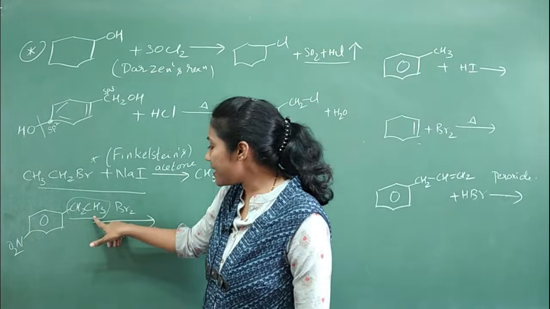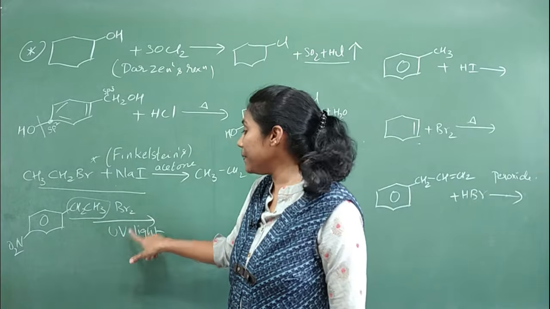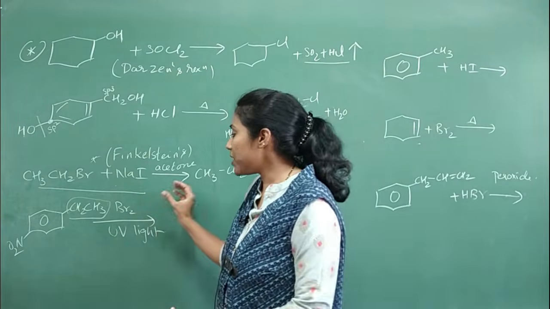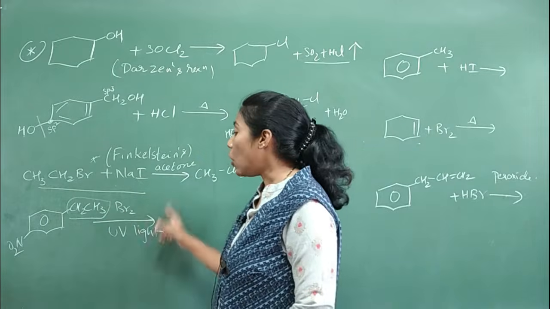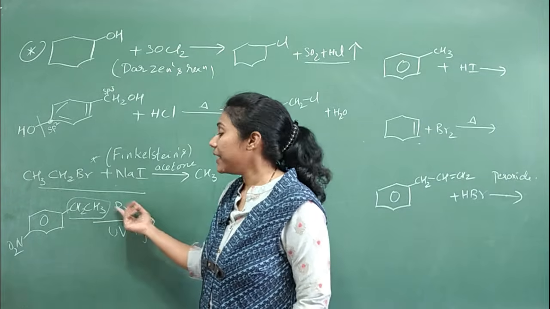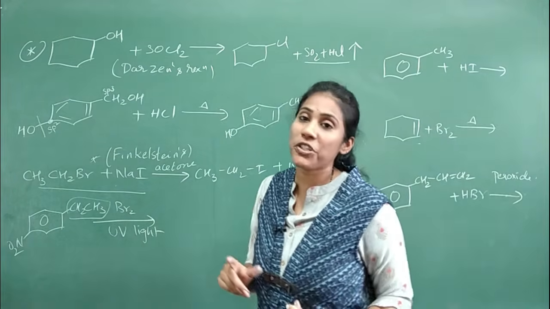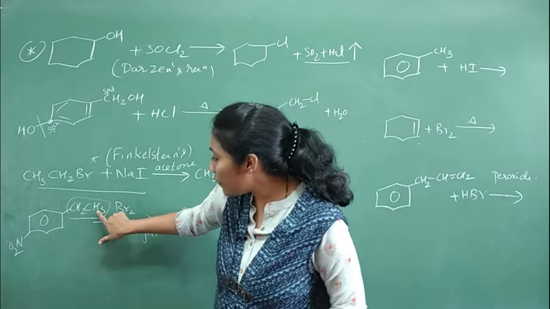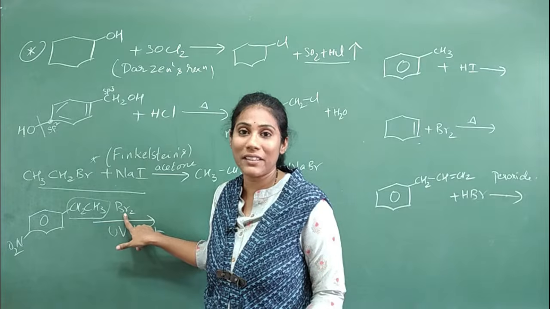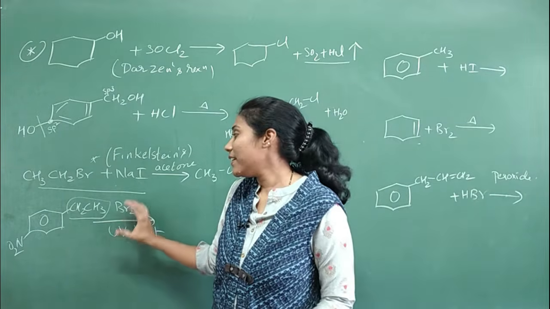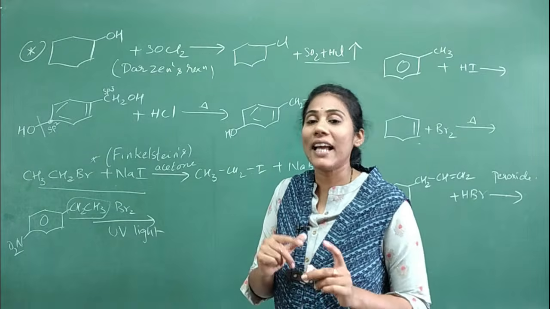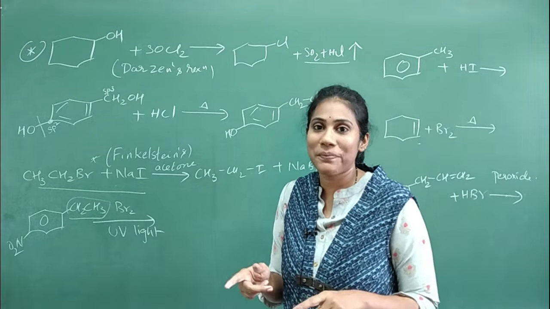When you heat this with halogens in the presence of sunlight, or when you just heat in the presence of bromine, or you supply sunlight, that is UV light, in the presence of bromine, a substitution reaction would happen, right? One of the hydrogens of the alkyl group gets replaced by Br. So this is the question that is relating to preparation of alkyl halides from alkanes, right?